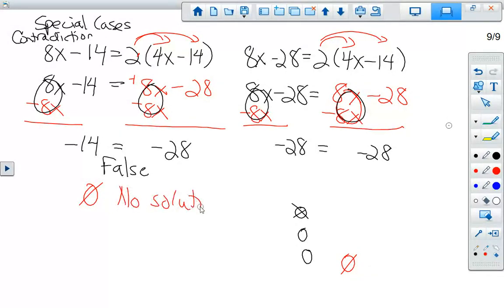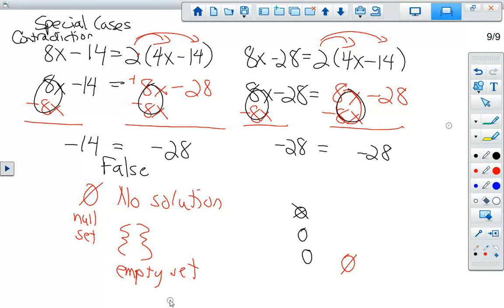The null set is not a zero, it's saying nothing works. Another way you sometimes see no solution is set brackets with nothing in the middle. It doesn't mean a zero's in the middle, it means nothing's in the middle. That is called the empty set. Those are the three ways you'll see them talk about something having no solution.